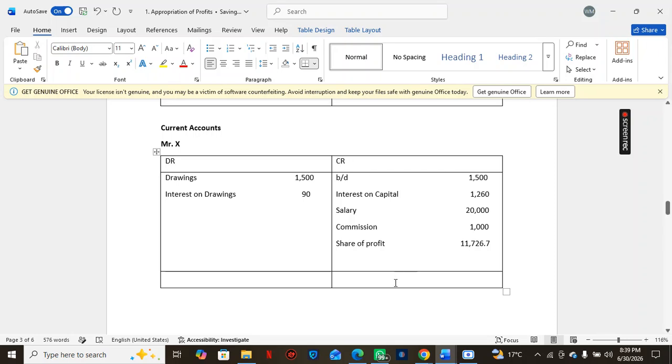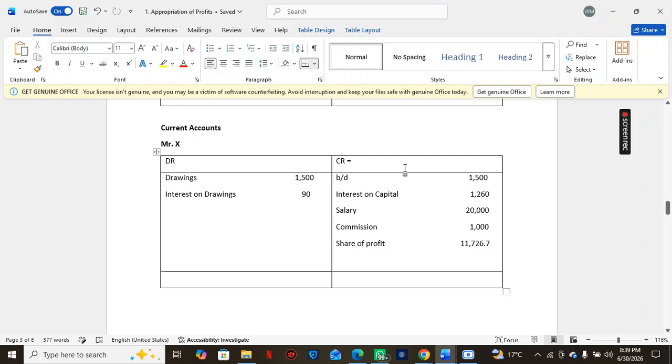Okay, so we total up both the debit side and credit side. So let's say the total for the credit side: 1,500 plus 1,260 plus 20,000 plus 1,000 plus 11,726.7.